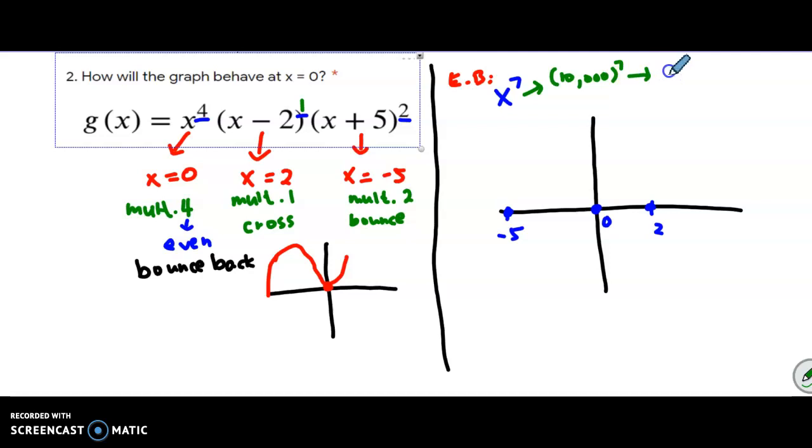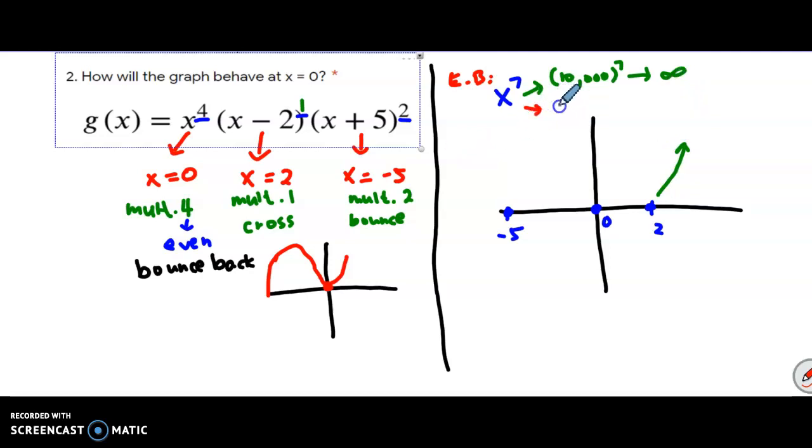That's a very large positive number, which indicates that it's going to approach positive infinity. So here to the right of 2, because those are large numbers, we know that it's going to go to positive infinity.